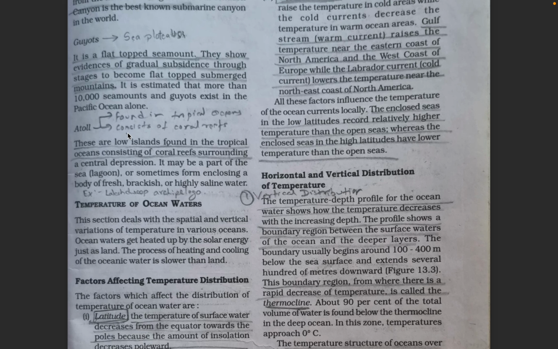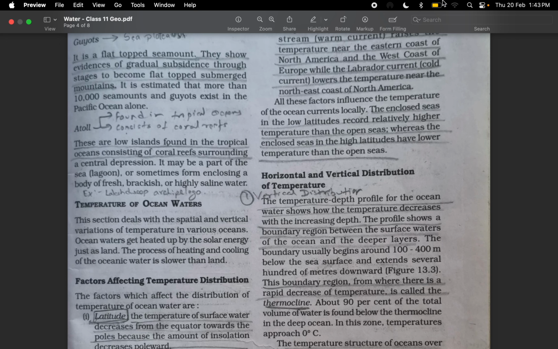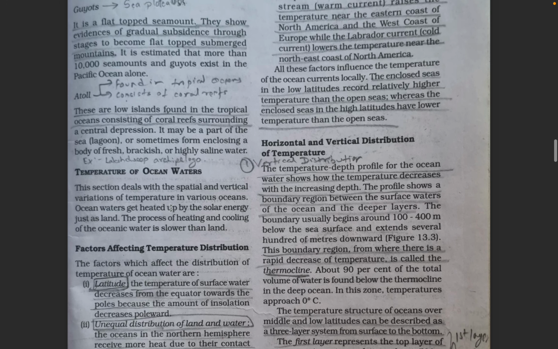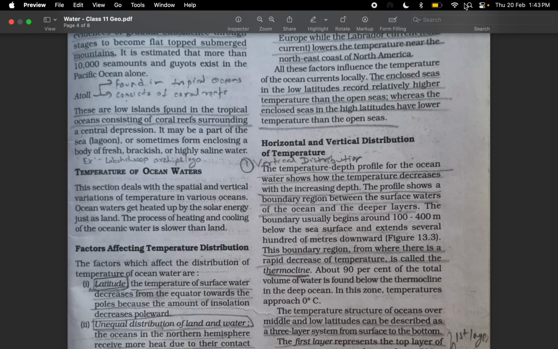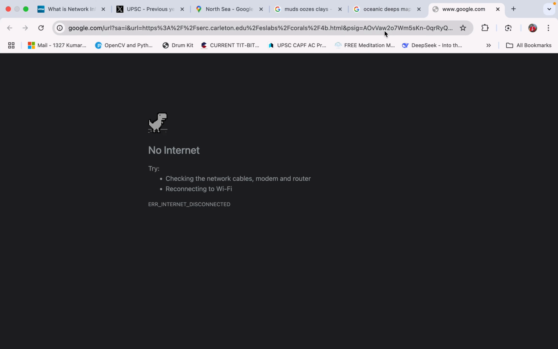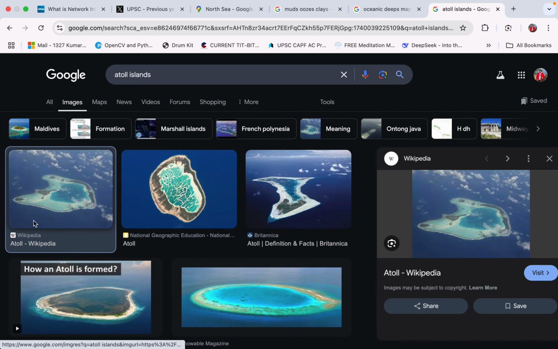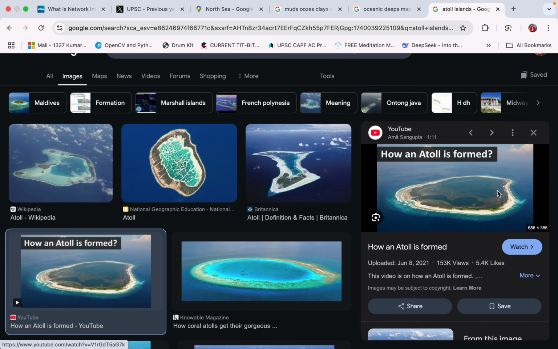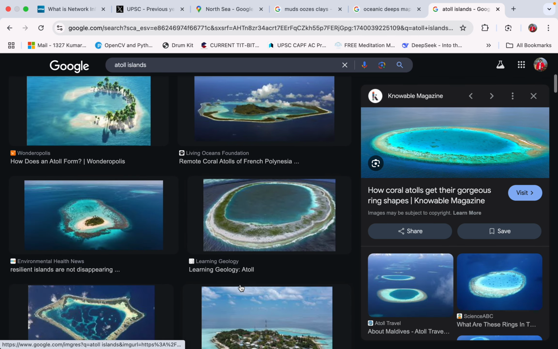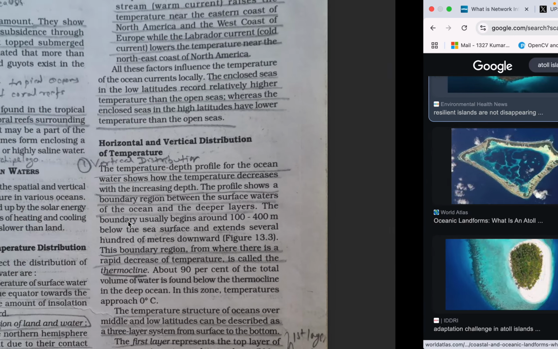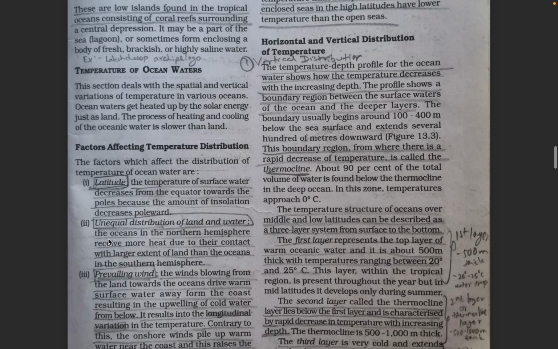It can be a part of a lagoon, enclosing a body of freshwater or highly saline water. This is an atoll island. You have also seen images of this type before. These are the atoll islands, just for reference.